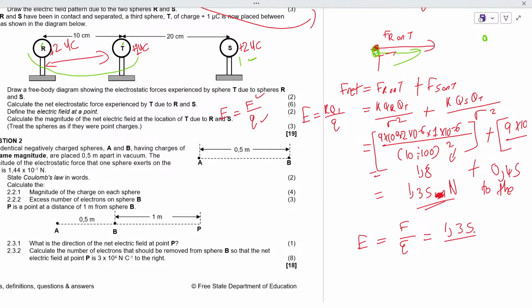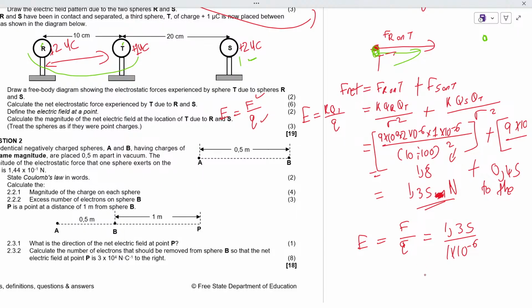Then Q is the charge of T, because we are looking at what T is experiencing, times 10 to the power negative 6.